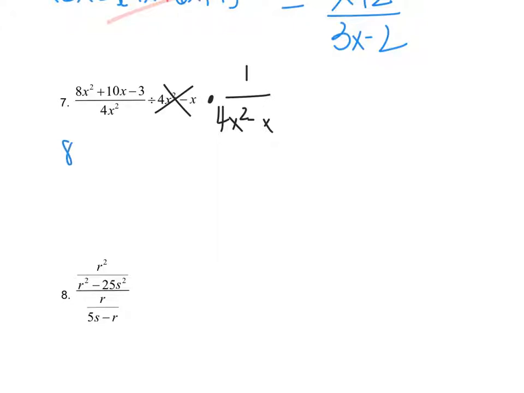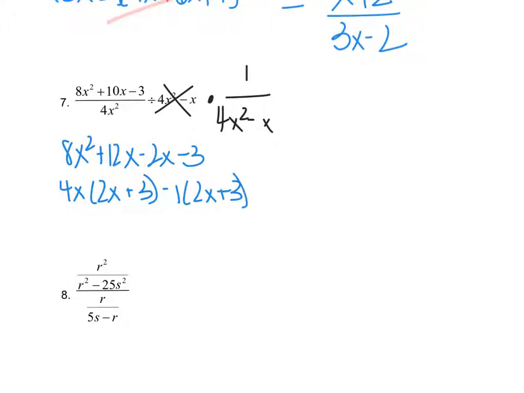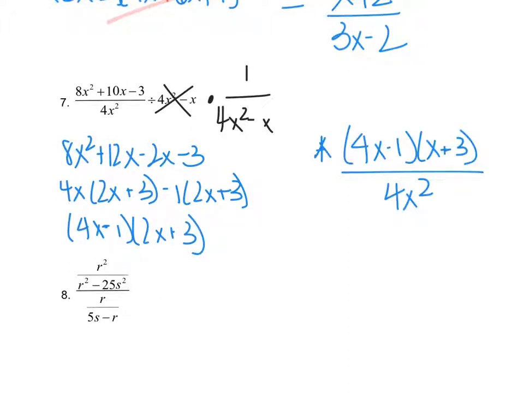That'd be 12x and negative 2x. And then do factor by grouping. So we get 4x minus 1 times 2x plus 3.